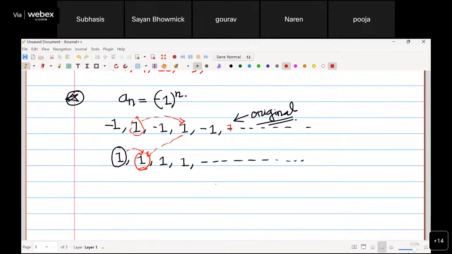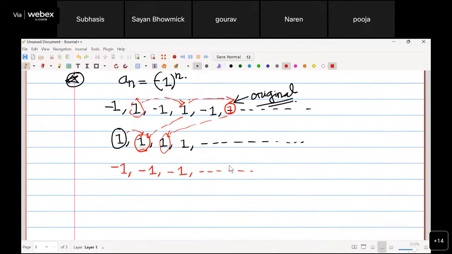Again, I have another 1 after this one, so again I can take it. So this is a subsequence of the original sequence. And similarly, with the same logic, this is also a subsequence of my original sequence.